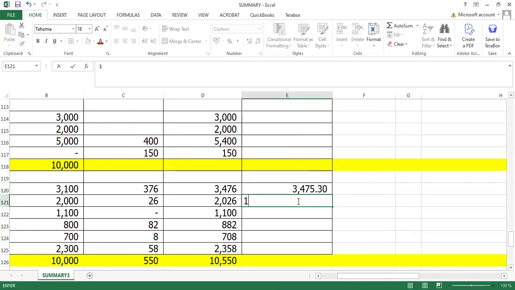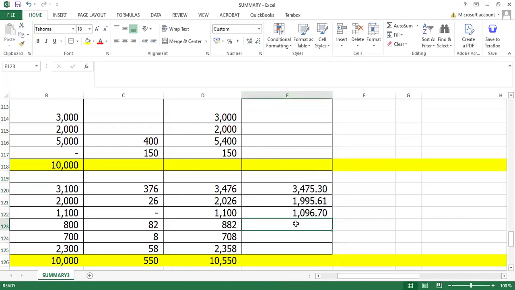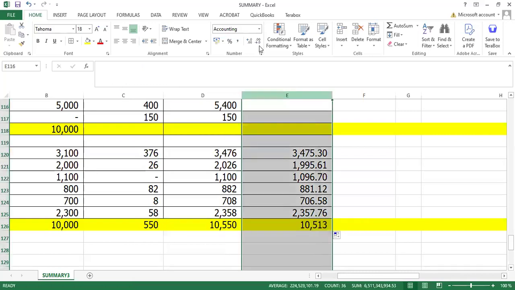Then the other one is 195.61. So that is our column, the total actual amount spent.